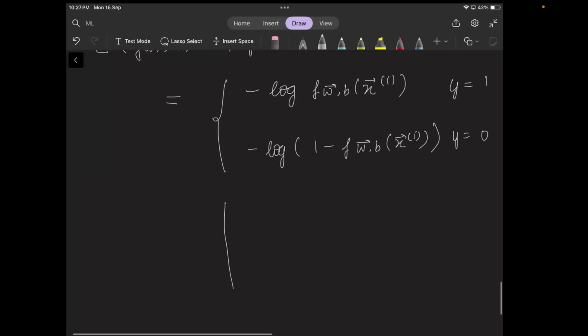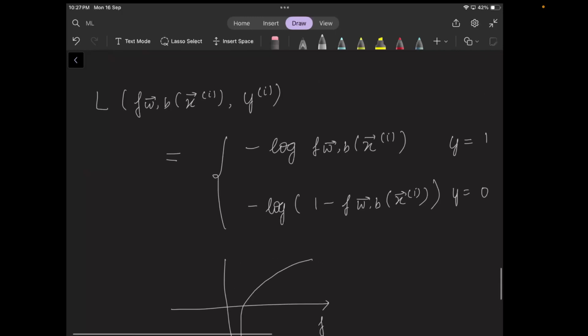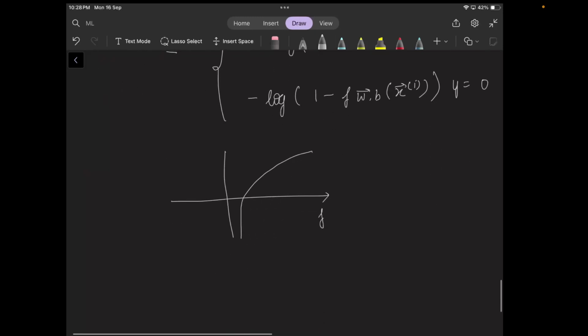Alright, so what is the graph for log x? It is something like this. Let's say this is f. Basically, loss function in terms of f and y is minus log f for y equal to 1 and minus log 1 minus f for y equal to 0. So this is log of f.